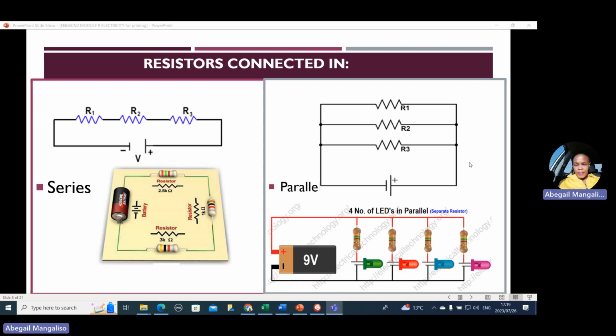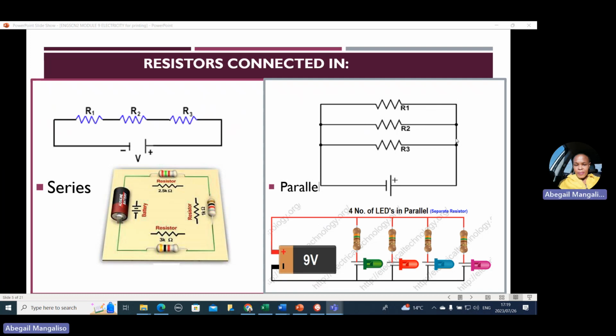But on the parallel side, we consider current as well. The current will flow from the battery. When it gets to this point, it branches. So in series, the current is the same, but in parallel, the current branches.